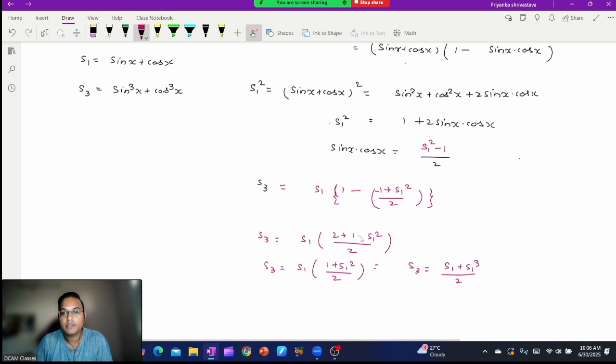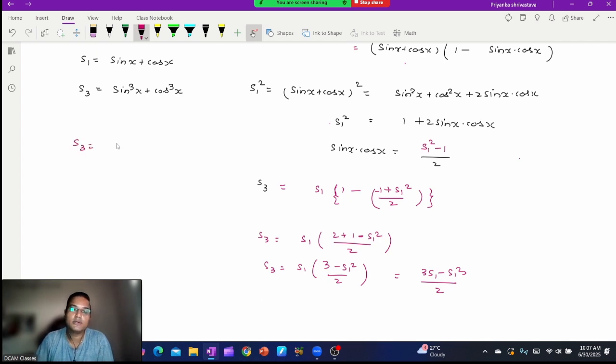See the silly mistakes. So it is (3 minus S1 square) by 2. So it will become S3 is equal to (3 S1 minus S1 cube) by 2.